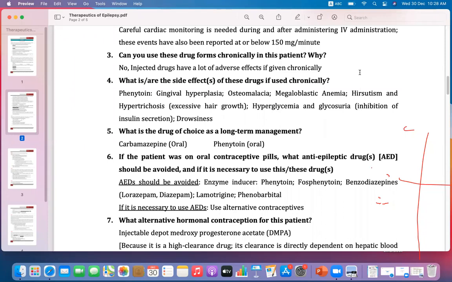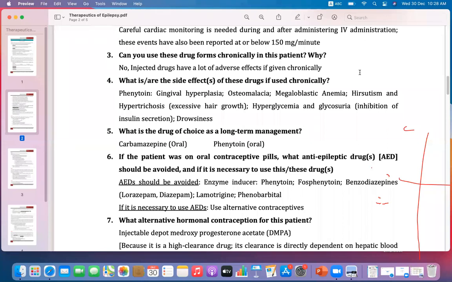So we can say no, injected drugs have lots of adverse effects if given chronically. Intravenous doses should be used to control or manage the case in emergencies. Once the patient is under control, we have to use oral preparations.